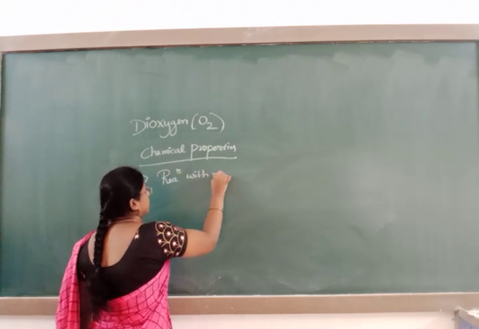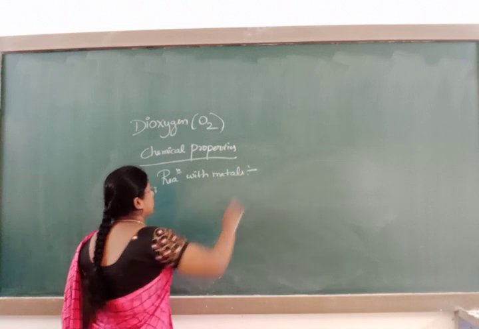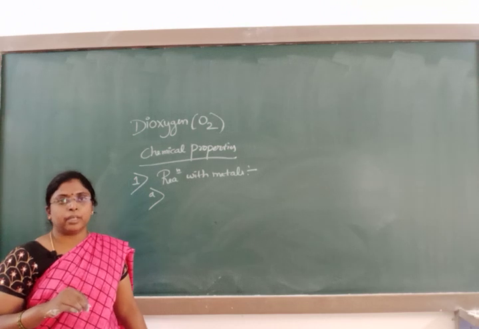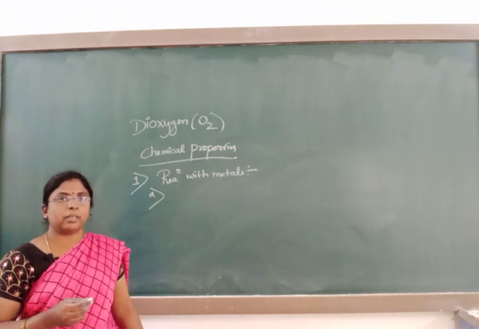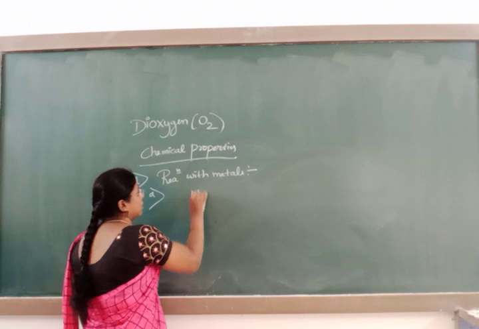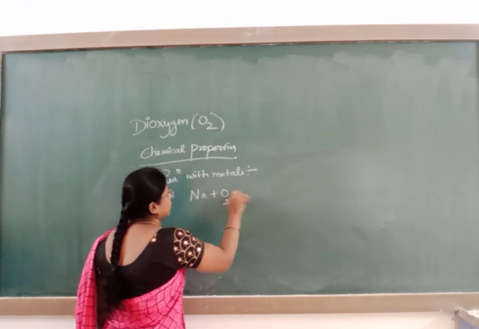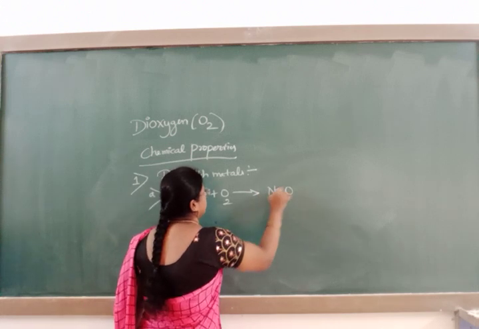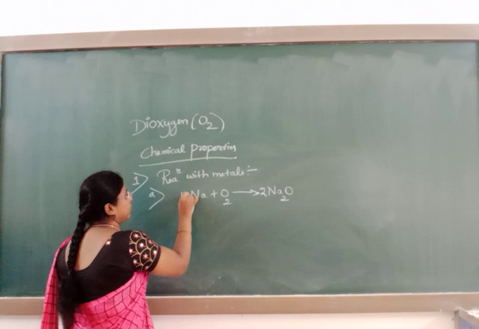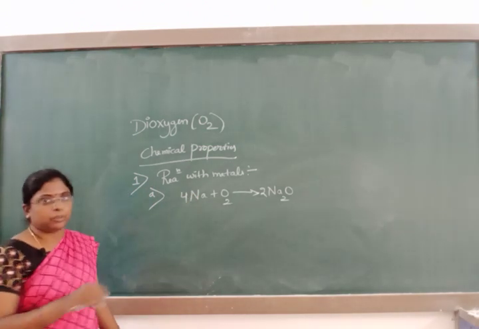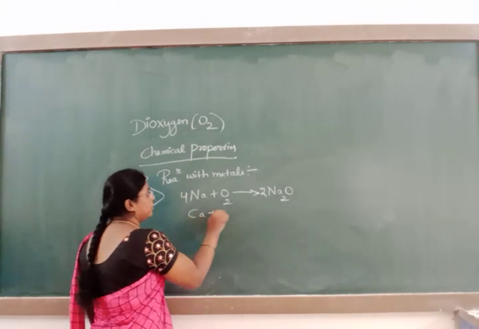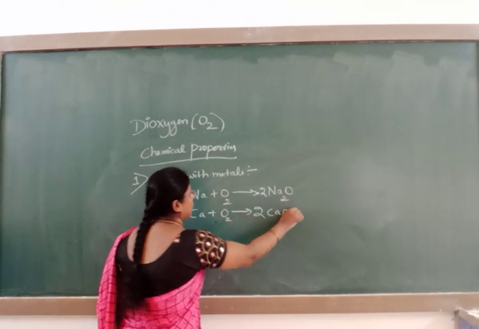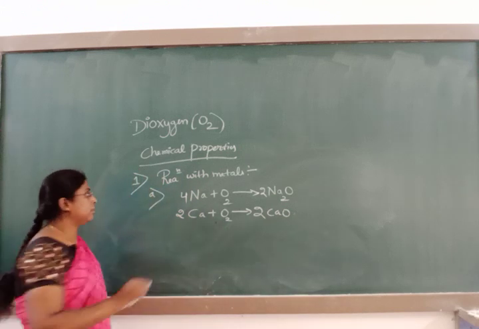Dioxygen reacts with both alkali as well as alkaline earth metals. Like sodium, it reacts with dioxygen to form Na2O, that is sodium oxide. Dioxygen also reacts with calcium to form calcium oxide.